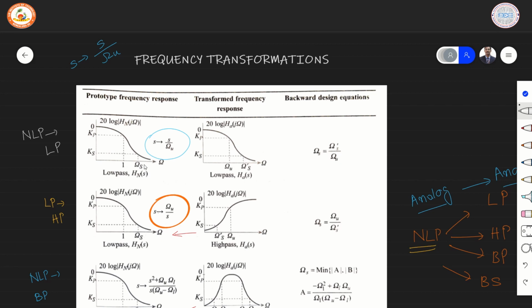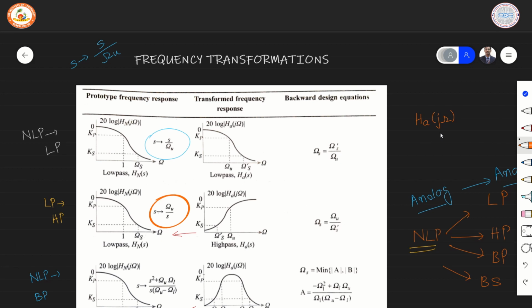omega s. If we make the replacement of s by s divided by omega u, where omega u is the desired frequency, this substitution has to be performed in the transfer function. In other words, we are going to determine HA of j omega from Hn of j omega.